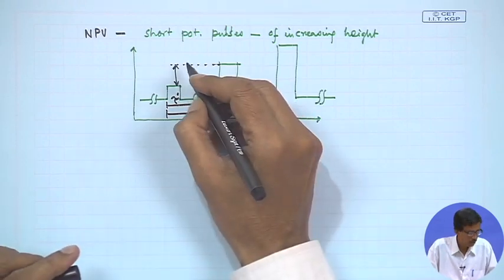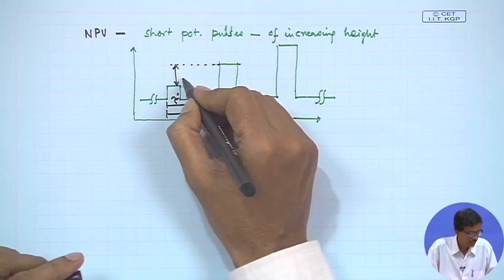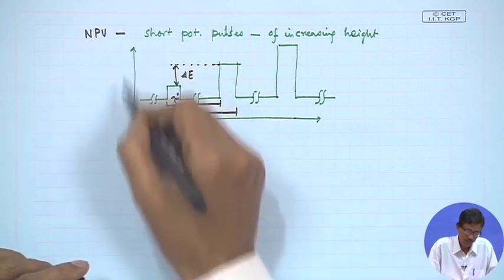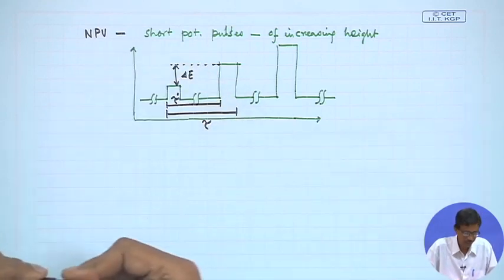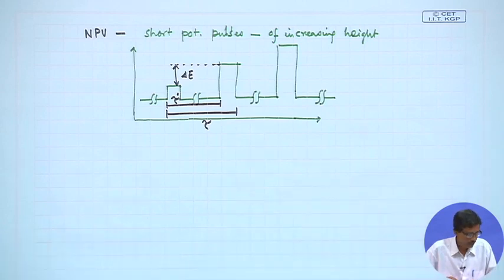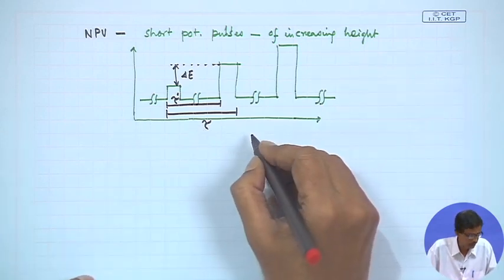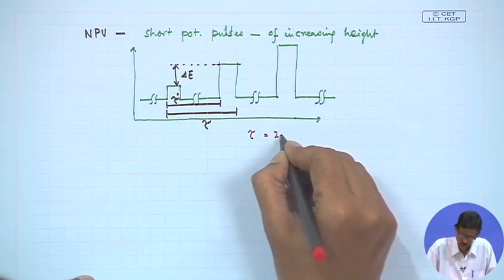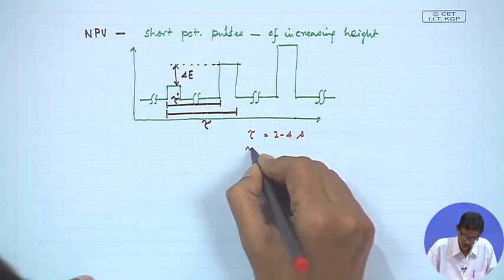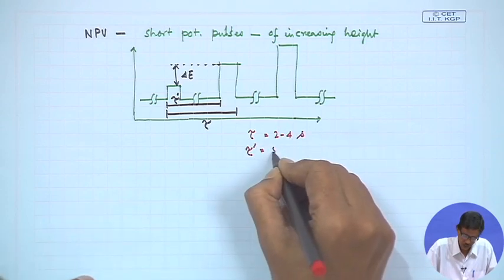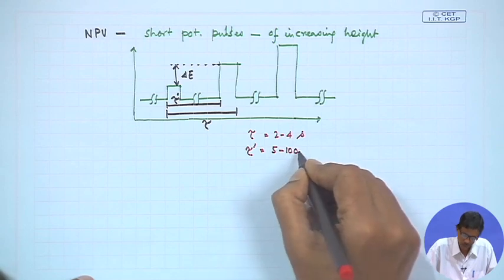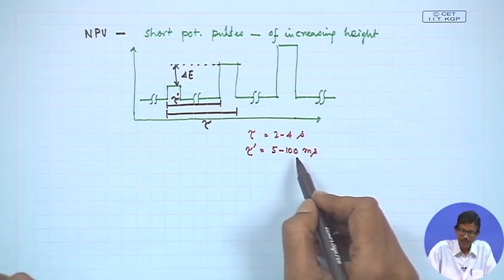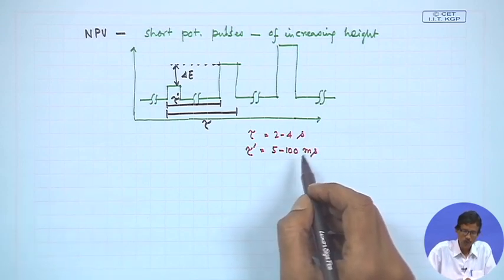When we get this, the pulse changes because the delta E values are there. These are the corresponding potential values, this is the potential axis and this is your time axis. For normal pulse voltammetry, your tau values will be in the range of seconds, 2 to 4 seconds, where tau prime is in the range of 5 to 100 milliseconds. These are the continuous variations we can impose for this sort of measurement.